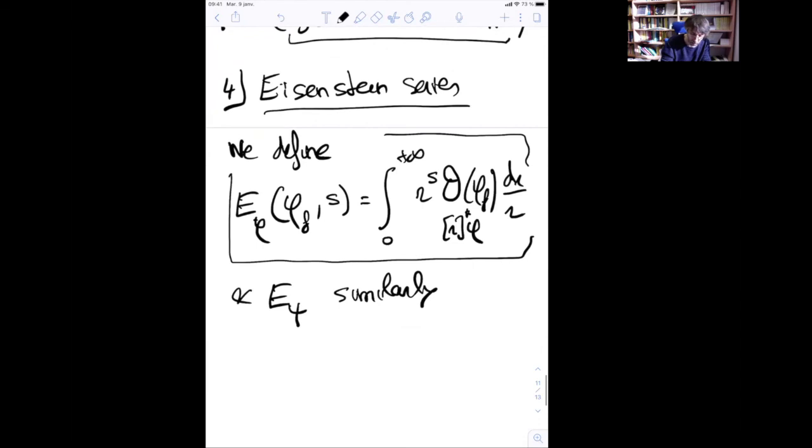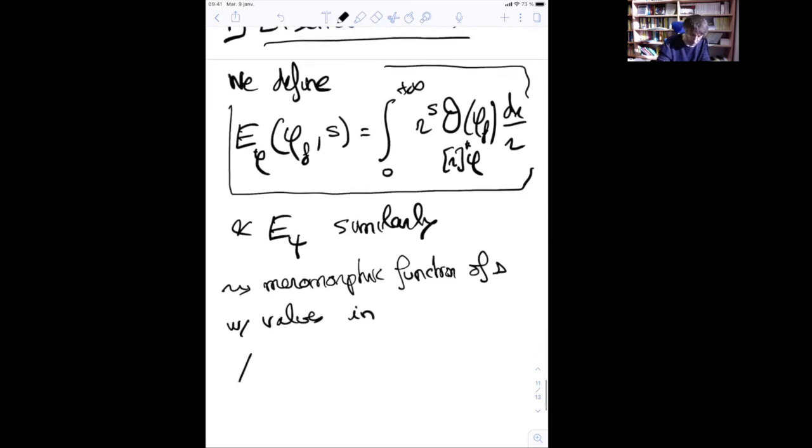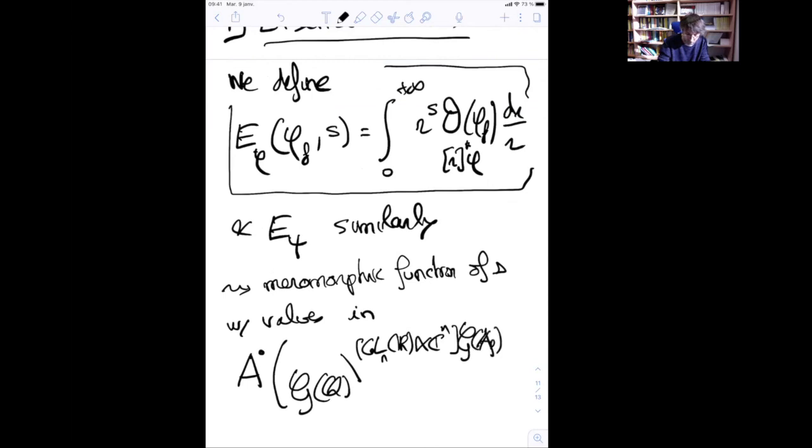So it gives a meromorphic function of S with values in differential form on this big quotient. And again, minus the divisor.